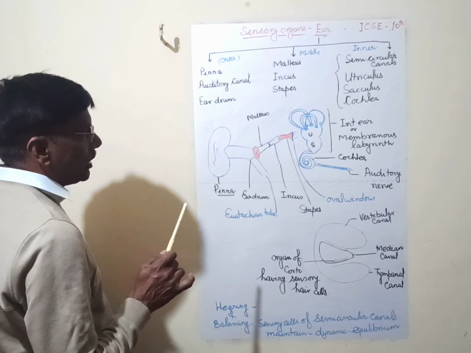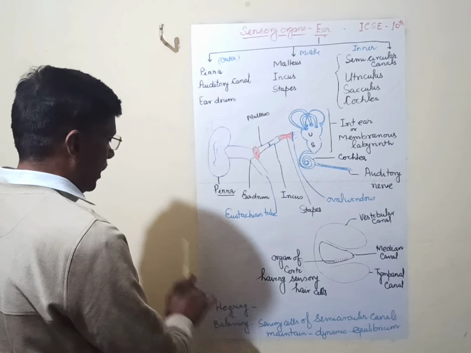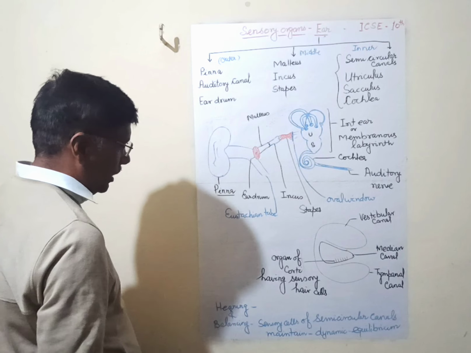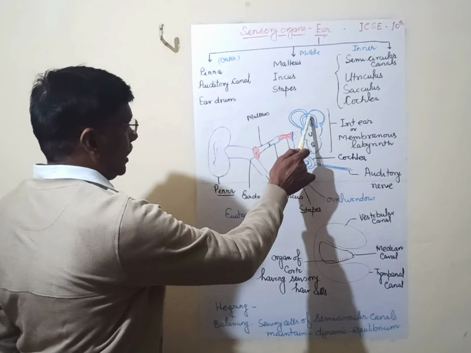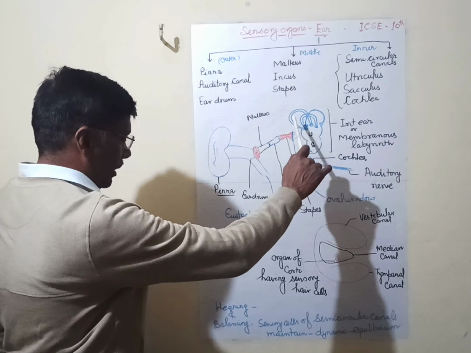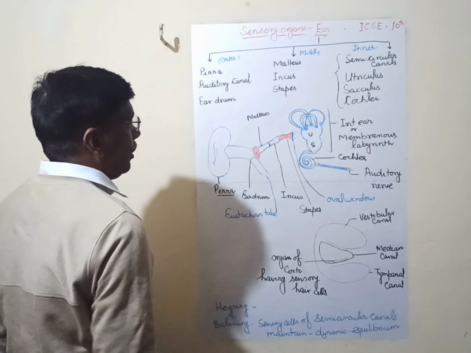So the primary function of the ear is hearing. The secondary function is balancing. The three semicircular canals have sensory cells, and these sensory cells maintain dynamic equilibrium.